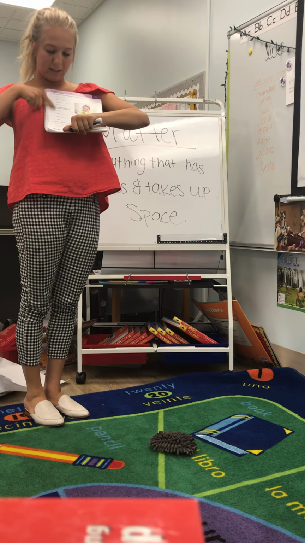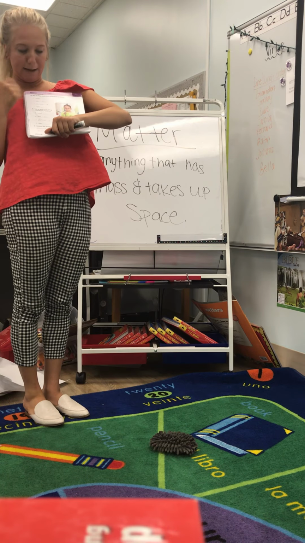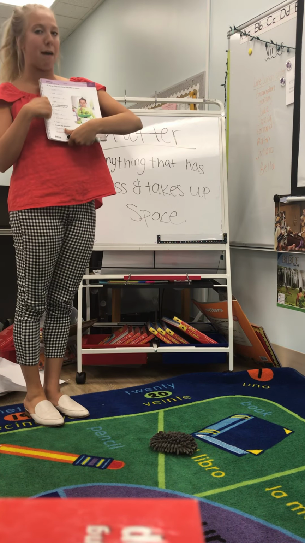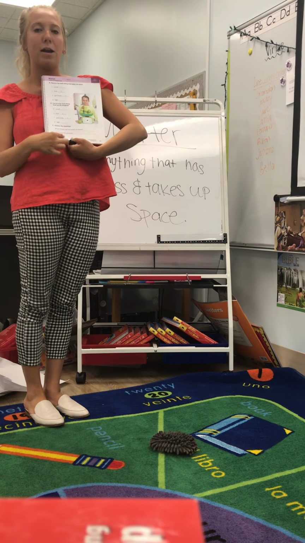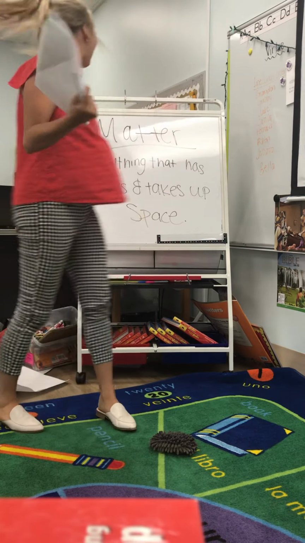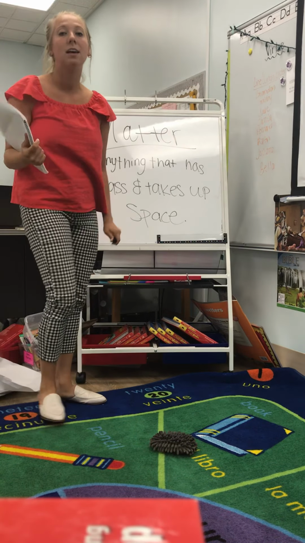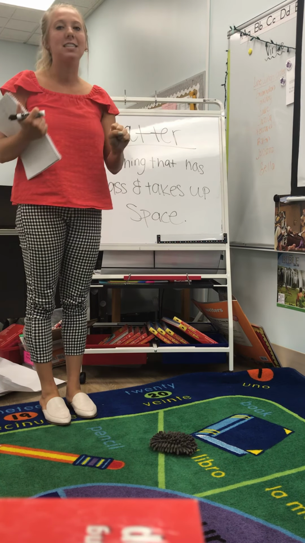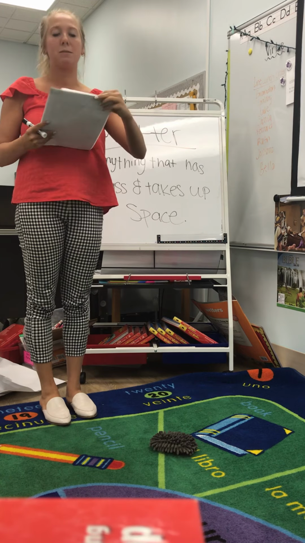So which one of these are matter? Is sound matter? Is light matter? Is glue matter? Is rock matter? Whichever one of these that you think is matter, you're going to write on that bottom line right here, okay? So remember, matter is anything that has mass and takes up space, okay? Light and sound are not considered matter because they do not take up space.